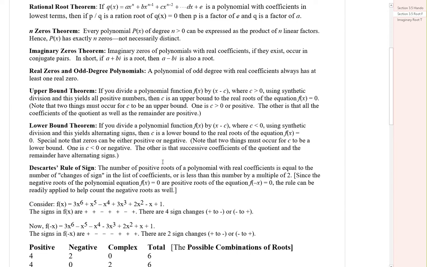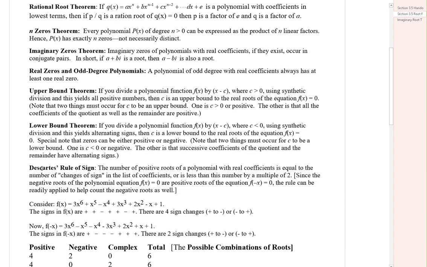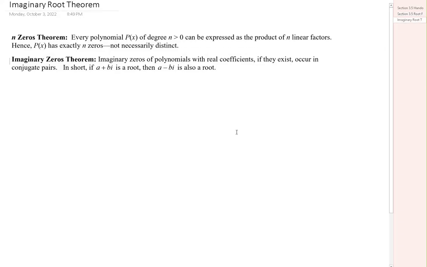It's not that they're not cool or important, it's just that technology means we don't have to use them anymore, like the upper bound theorem, the lower bound theorem, or the somewhat challenging Descartes' rule of signs. They're all really cool things, but the things you need right now, there's just two of them. Let's take a look at those two.